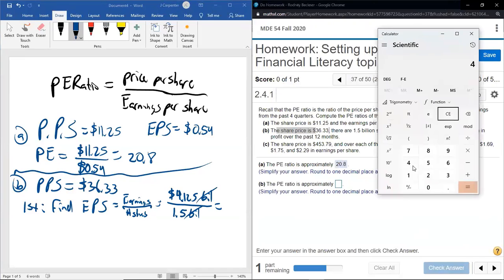So we got 4.125 divided by 1.5. And we get 2.75. That is our earnings per share. Now, this dollar symbol is in the top. It doesn't cancel anything in the bottom, so that should be, let me just give myself a little more space, equals 2.75.